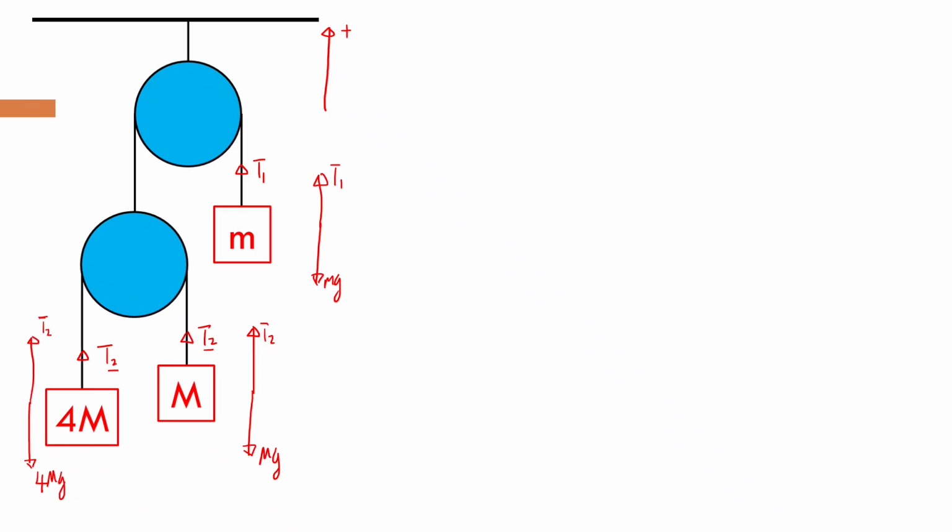So now I can write down Newton's second law for all three blocks. For small m, this is what I got: sigma F net equals T1 minus small mg equals small m times the acceleration of small m. I call this equation 1.